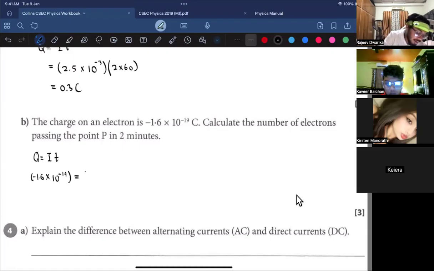Current is the amount of electrons passing a point in a circuit. What is time? 120 seconds. How are we going to find current? Divide by 120 on both sides. Do that fast, and I'll tell you what you get.